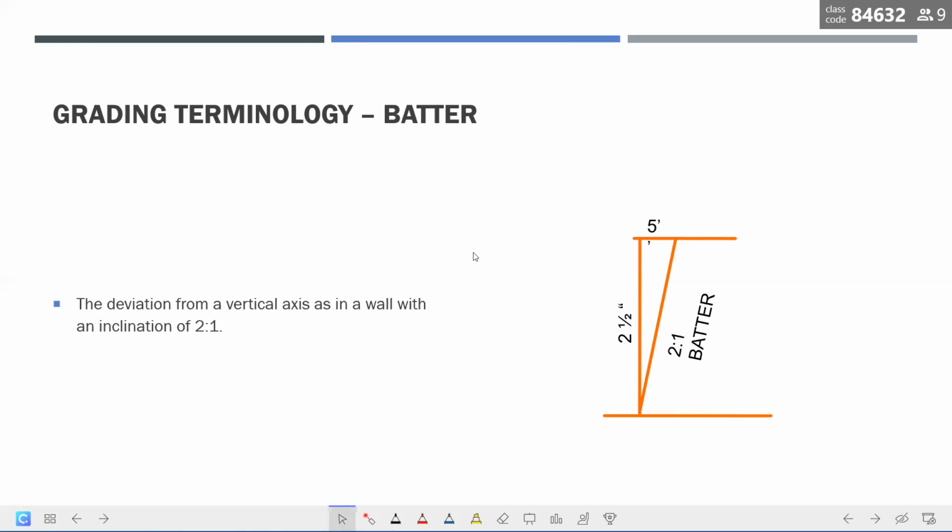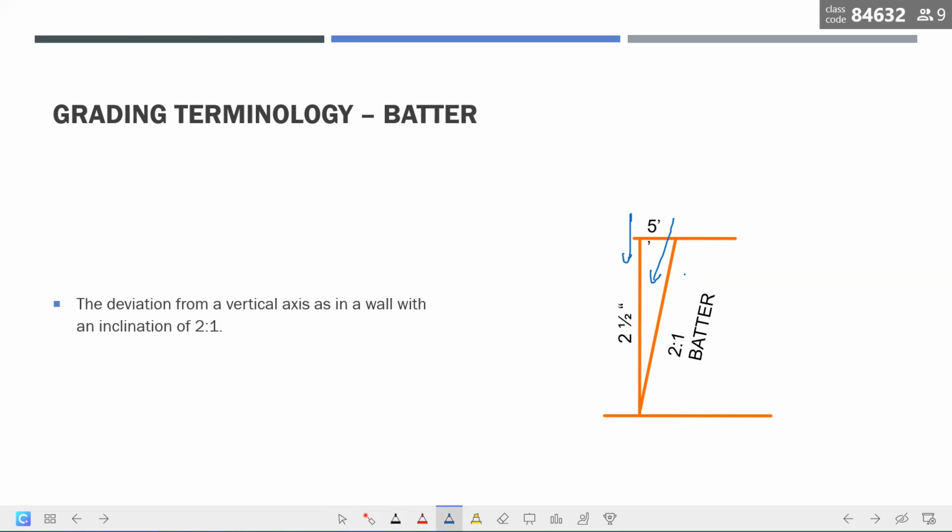Another terminology is batter. Batter is a term that you would give to a wall, usually, or vertical surfaces. So a batter is a deviation from a vertical axis, as in a wall, with a certain inclination. Now, the idea of giving a wall a slight inclination is not because of water or dust or anything, because of course a vertical wall would deflect water better than a diagonal wall.